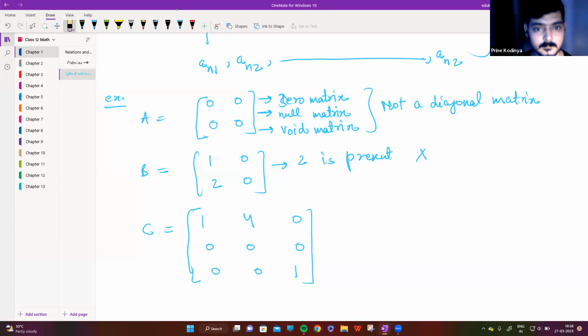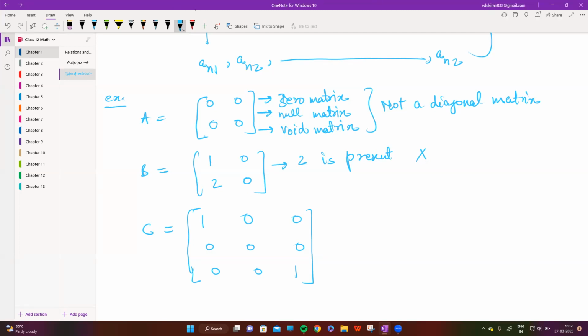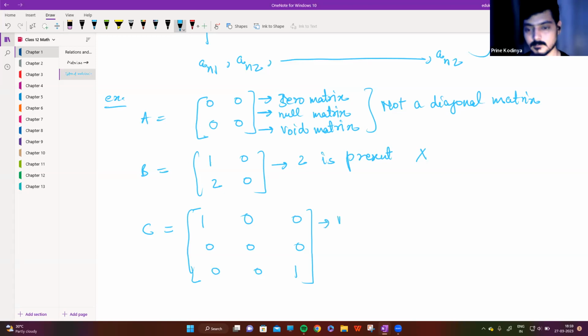Can we say now this is a diagonal matrix? Yes. This is a diagonal matrix.